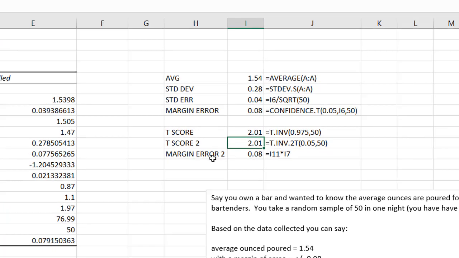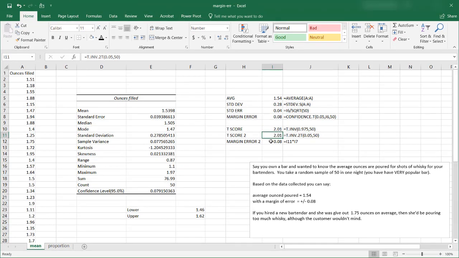Now, to get our margin of error from those t-scores, all you need to do is just multiply that t-score times the standard error. This I7 is my standard error that I got here. And the standard error is basically your sample standard deviation divided by the square root of the count.